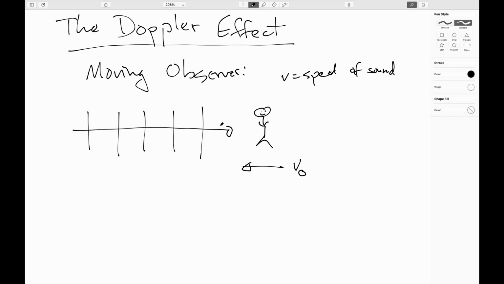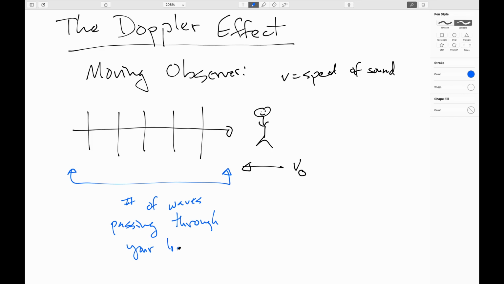So let's say you're walking. If you were to just stand still, all of these waves that I drew here would have passed your location in some time t. In some time delta t, we have this many wavefronts go through your location.